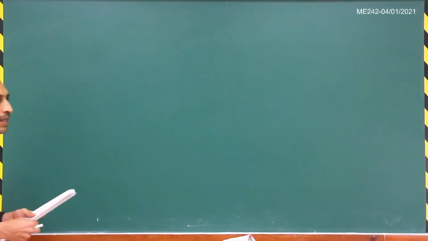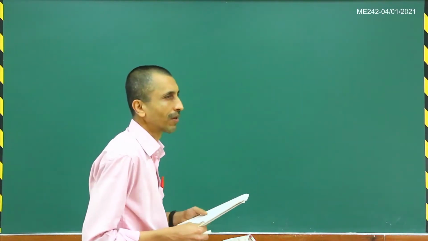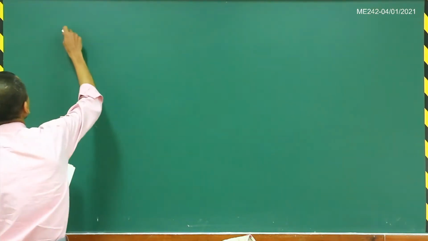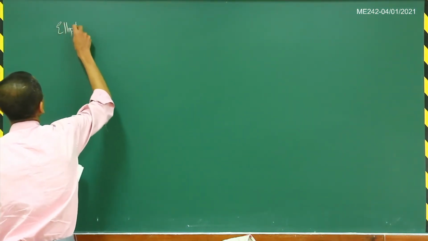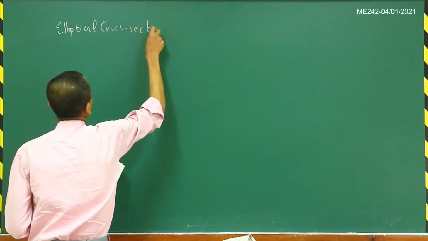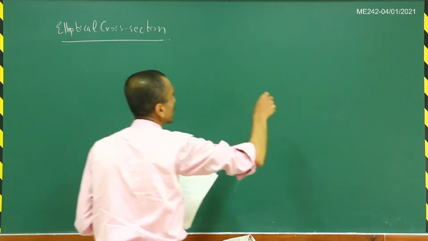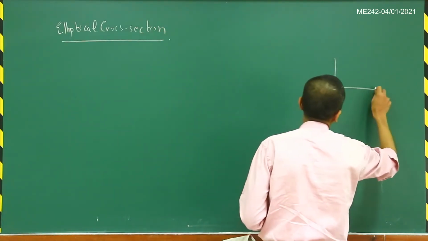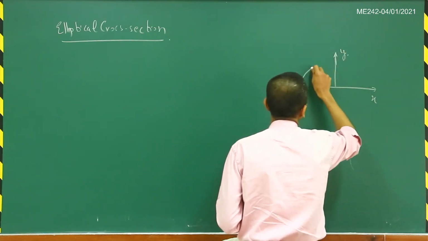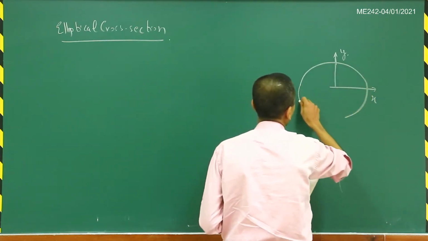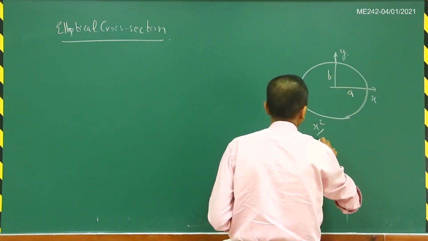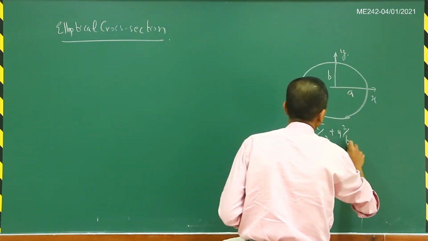Today we'll look at actual examples of torsion problems. The first example that I will consider is an elliptical cross section: x square by a square plus y square by b square equal to 1.